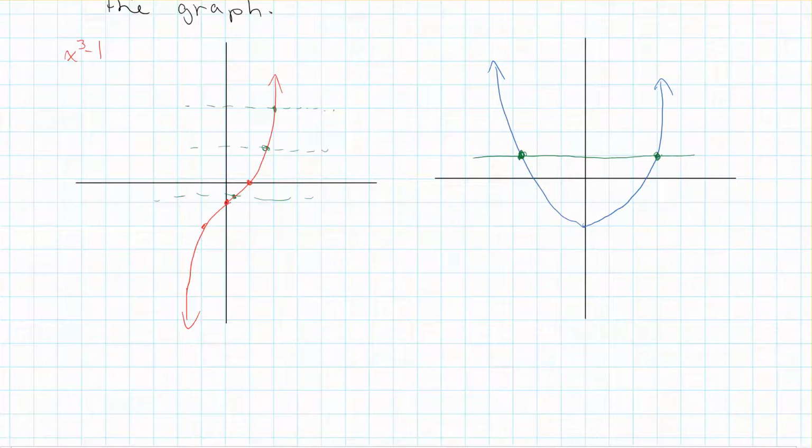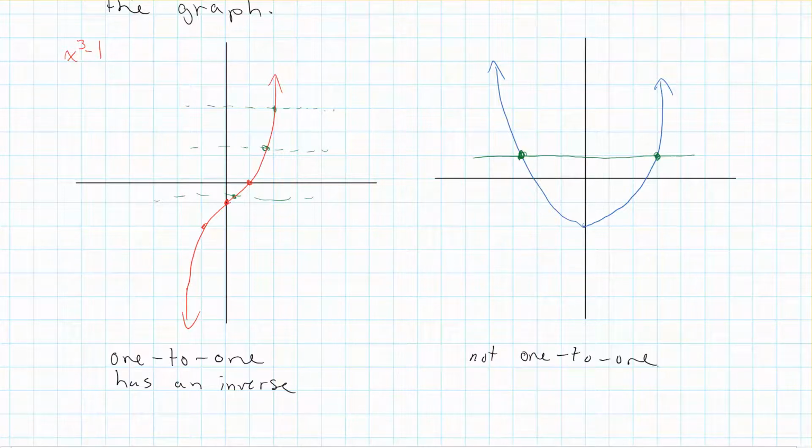So this does not pass the horizontal line test. And so this is 1-to-1, has an inverse, and this is not 1-to-1. So it doesn't have an inverse.